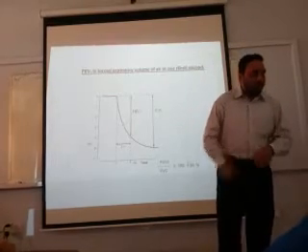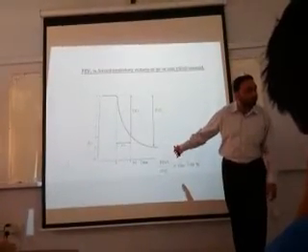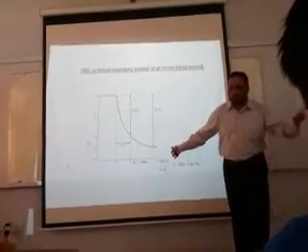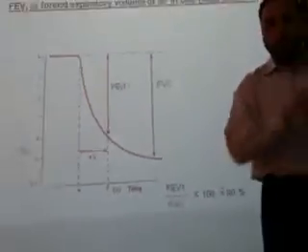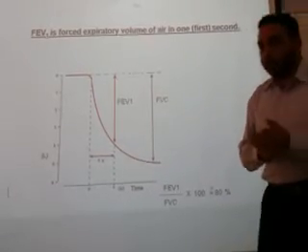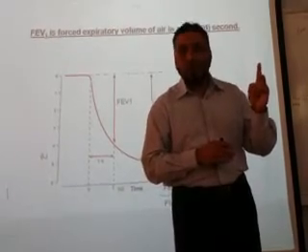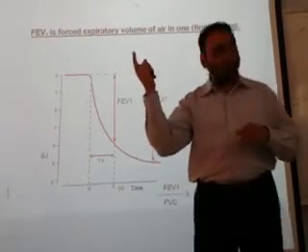FEV1 is out of 100%. 100% means the total lung capacity, say 5 liters for example. Out of the 5 liters, how much air is coming out in the first second of expiration? At least 80%. It should be 80 or more.